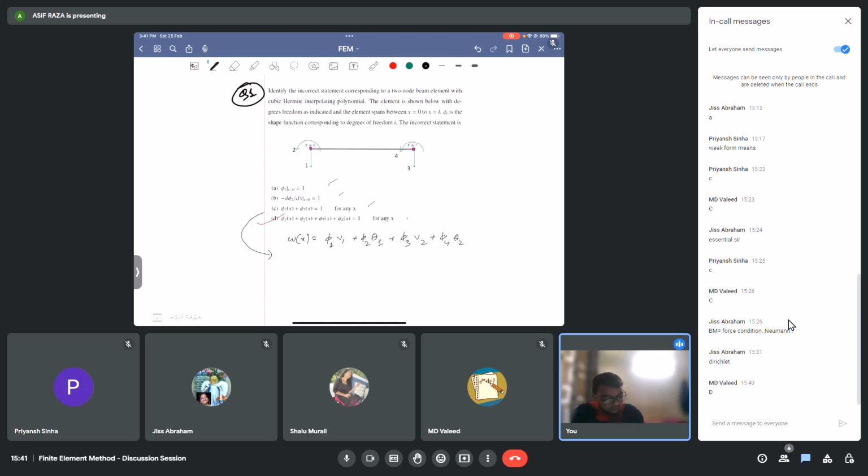So all these statements are pertaining to this notation. One of the correct statements was phi 1 of x plus phi 3 of x equal to 1. These functions pertain to the displacements. So what will be the analogous equation pertaining to the slope, that is phi 2 and phi 4?